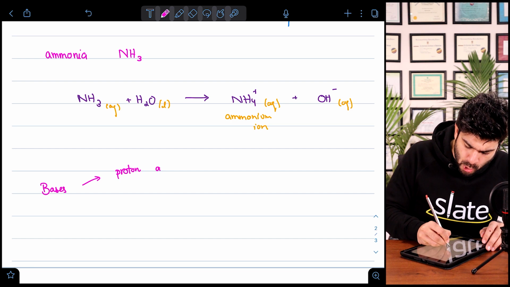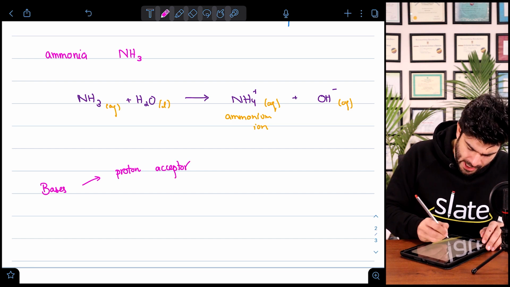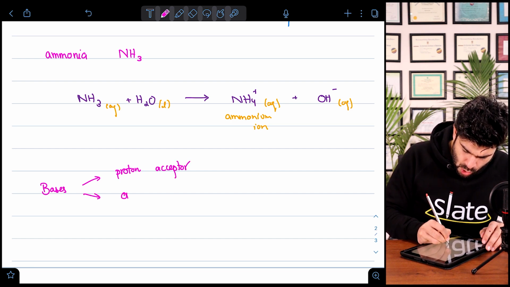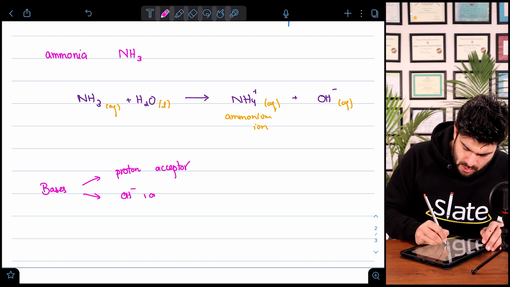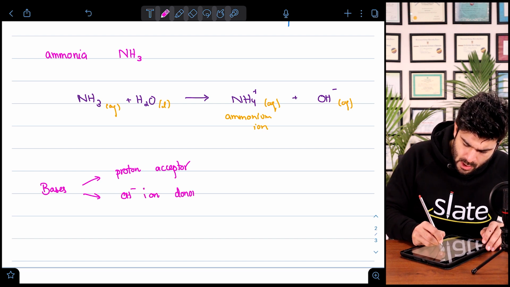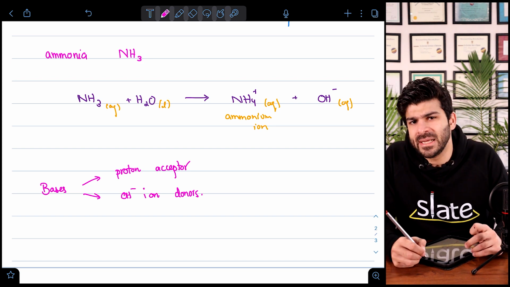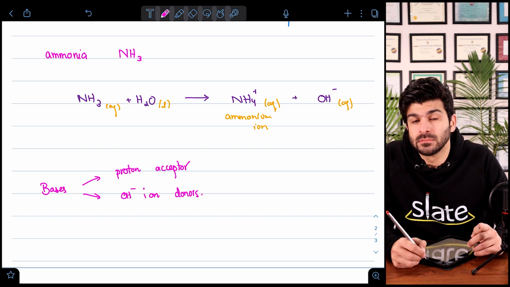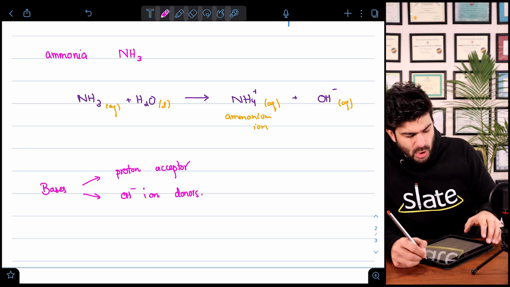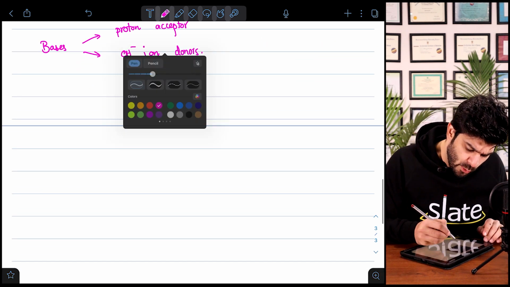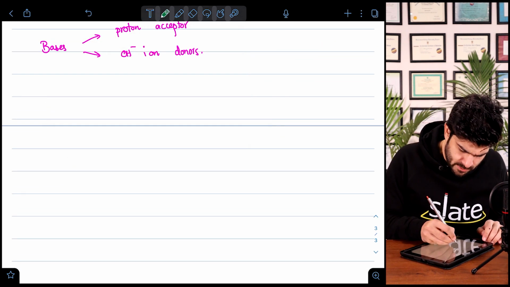Bases are also called proton acceptors, and furthermore, OH ion donors. Now, why are we calling bases proton acceptors? Let's see. From there on, we're going to talk about the properties of bases.